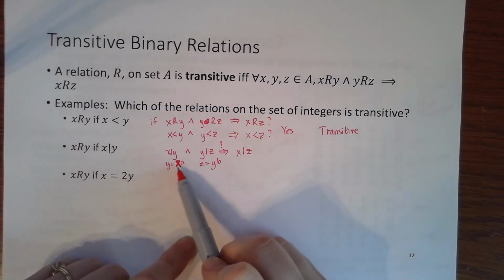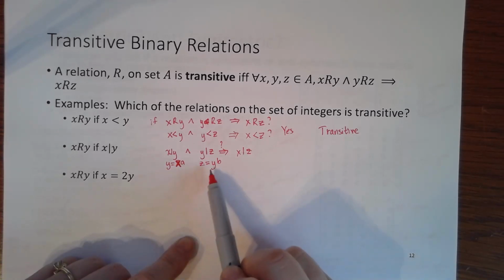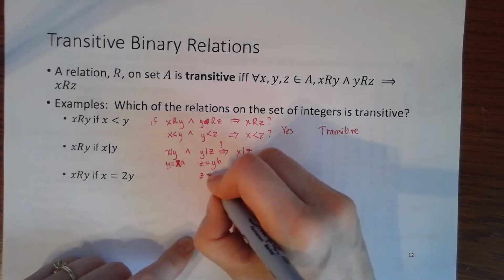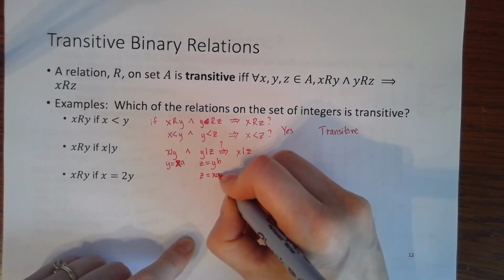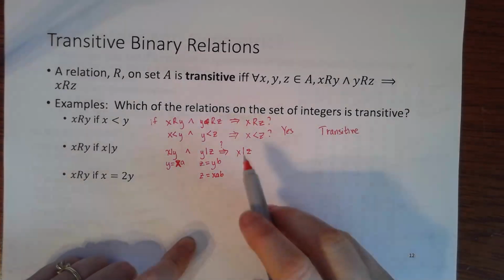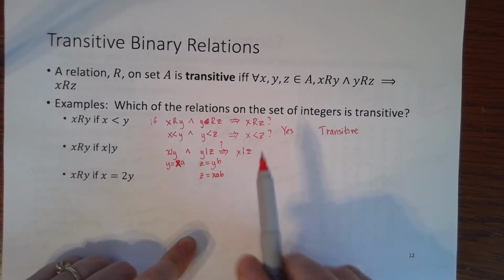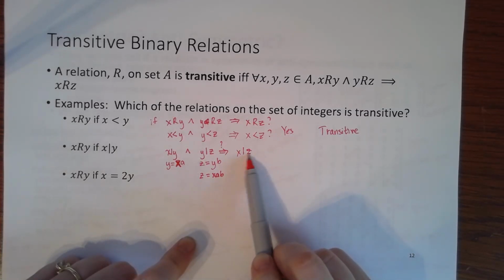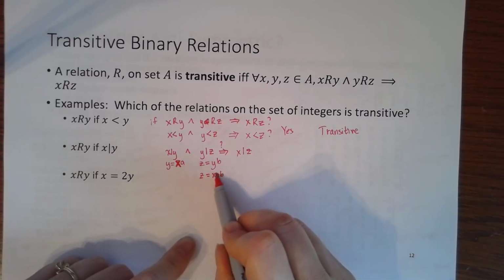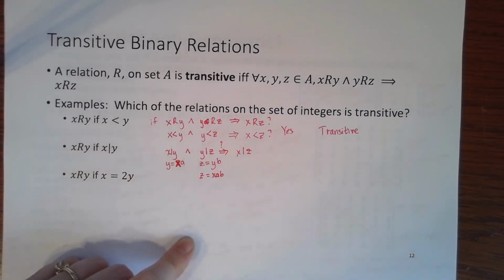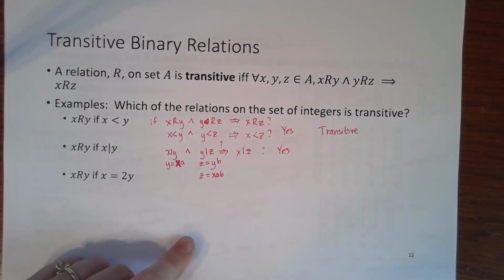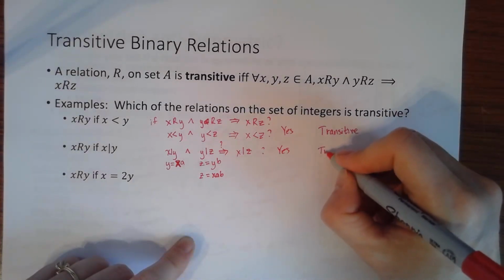Then we can take this x times a and substitute it in for y, so we would get z is x times a times b. So does x divide z? Can z be written as some integer times x? Well, if a and b are both integers, then a times b is an integer, and an integer times x gives z. So yes, indeed, this will be true. So this one is also transitive.